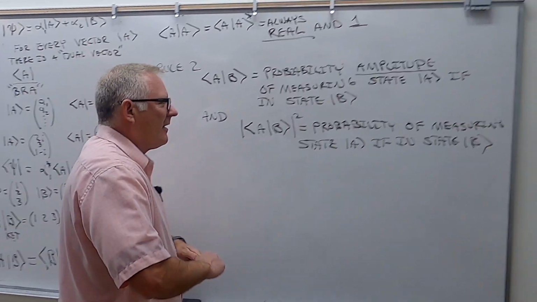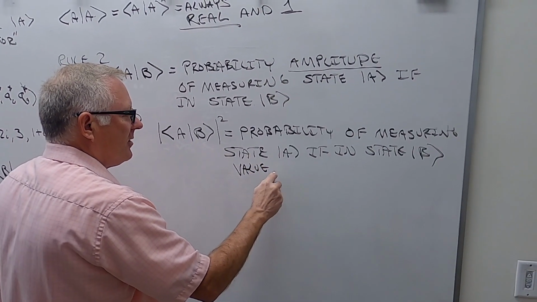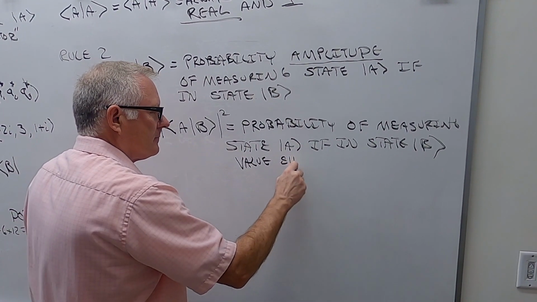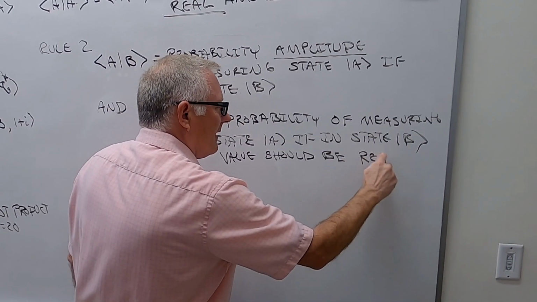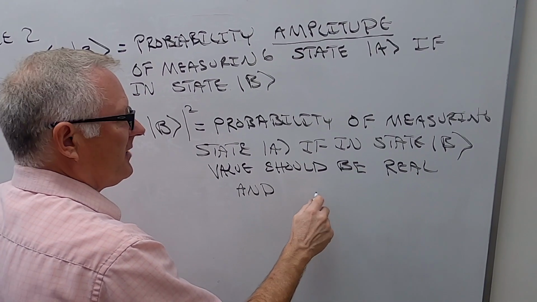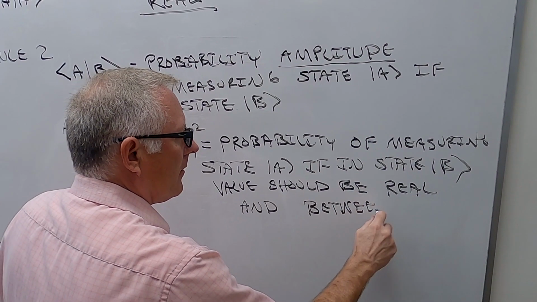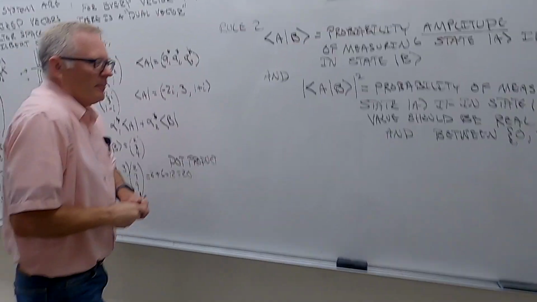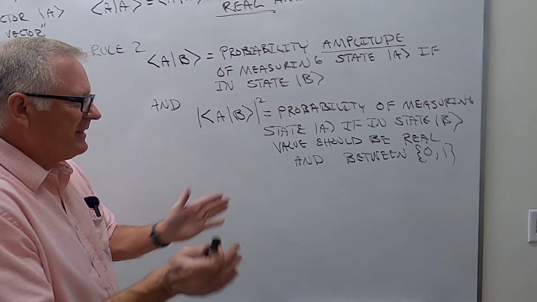So this value should be real and somewhere between 0 and 1. Remember, 1 is 100% probable and 0 is 0%. It's got to be between that.